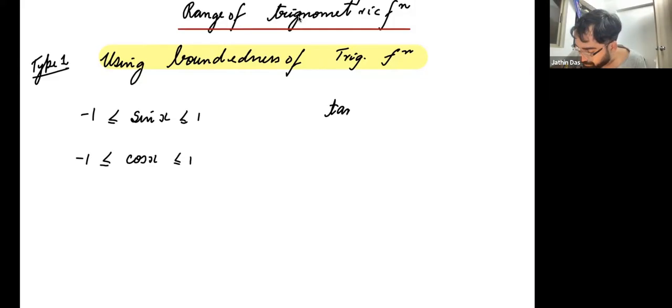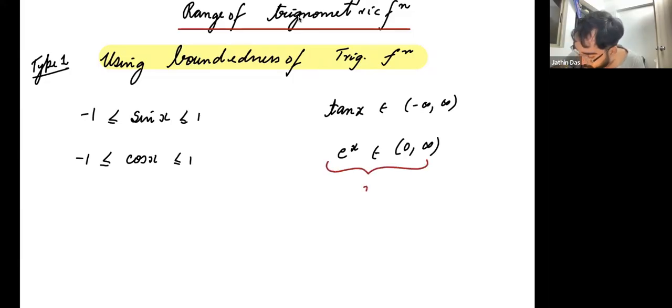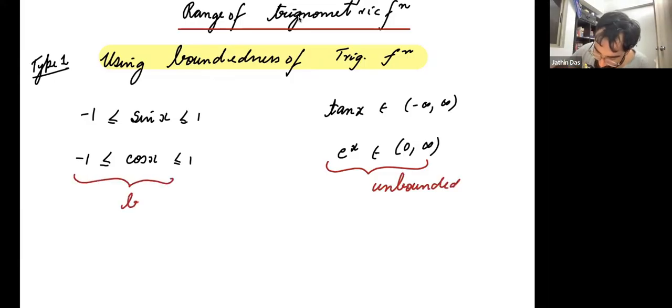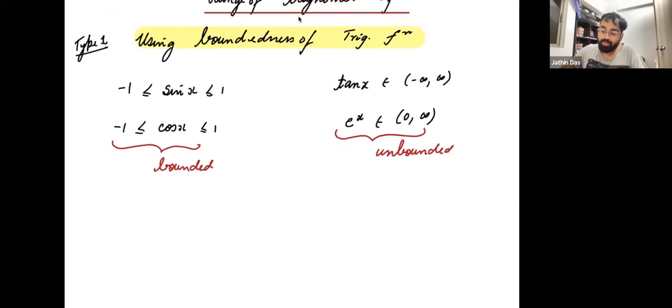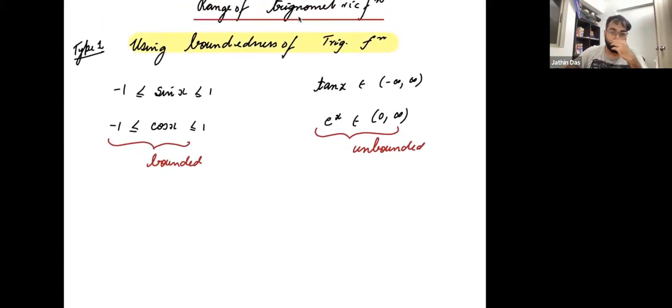But tan x goes from minus infinity to infinity. The exponential function is also from 0 to infinity. So these are all unbounded. But the bounded functions are the ones where they can ask some questions depending on range.